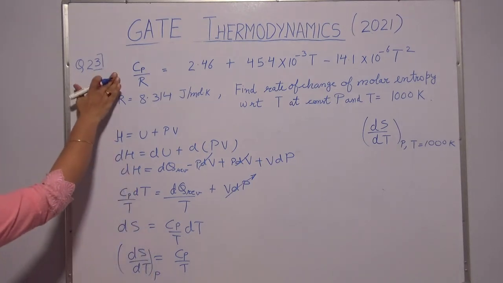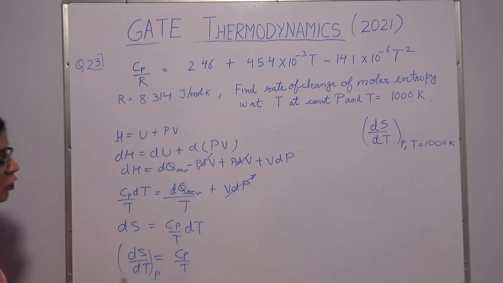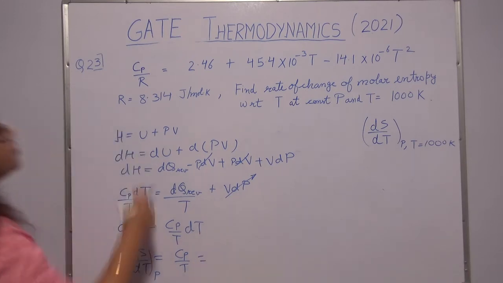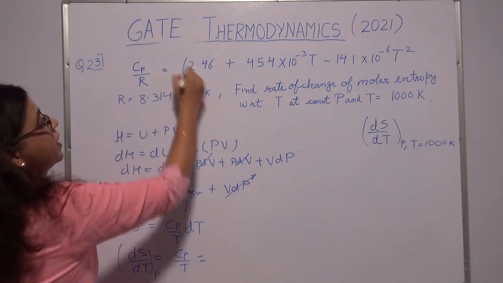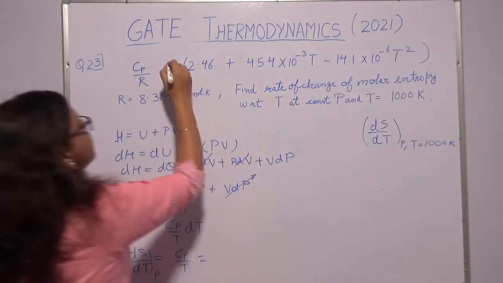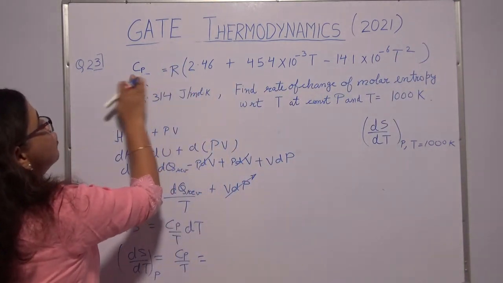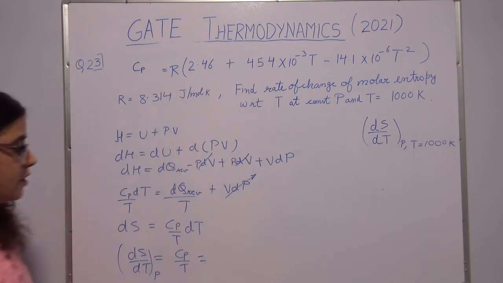Now you have been given the Cp by R value, so I will take R over here and multiply, so that I get the value of Cp, R times this function.